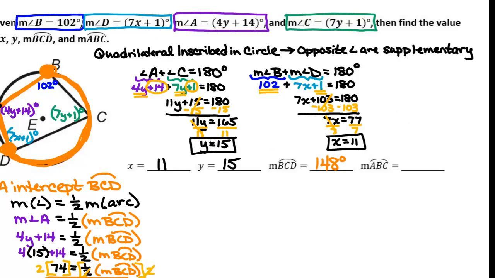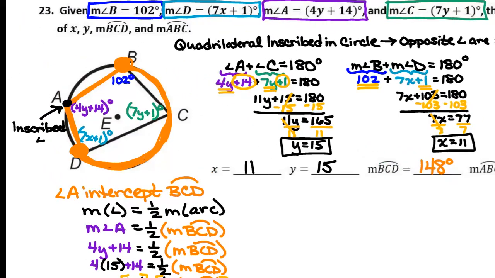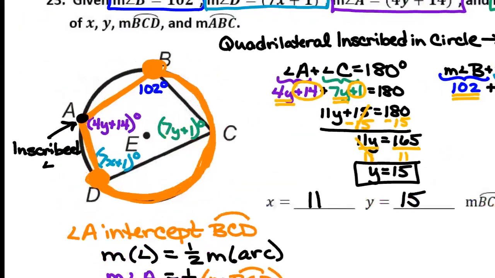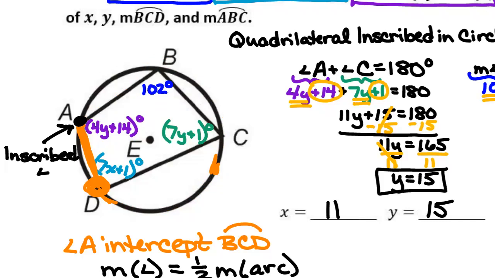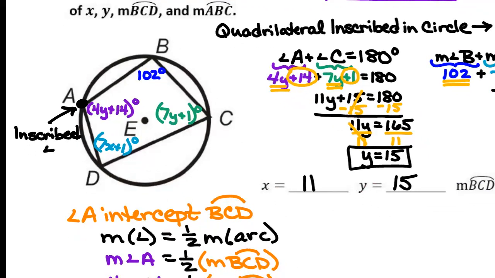All right, we still need to find ABC. So I'm going to go ahead and erase the orange markings that I have on this circle. Arc ABC. A around to B and then over to C. What is the angle that is intercepting that arc?